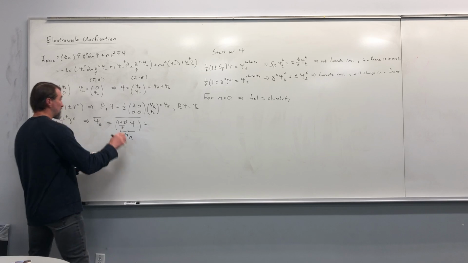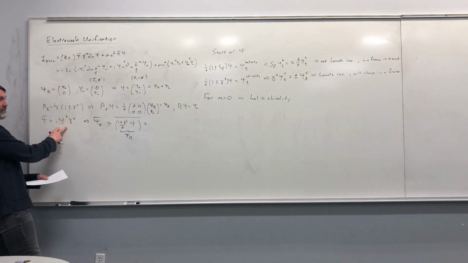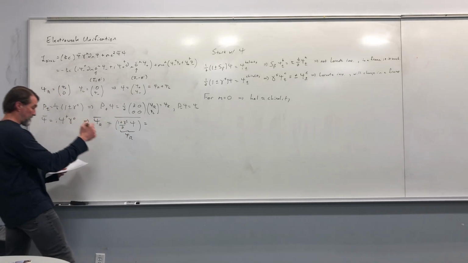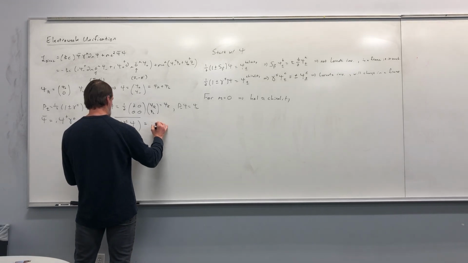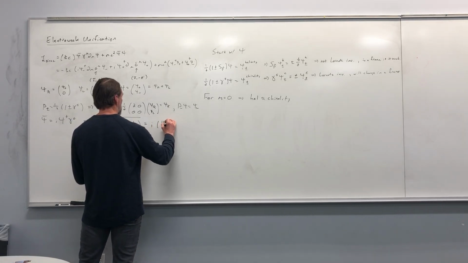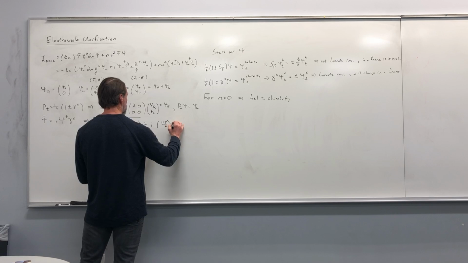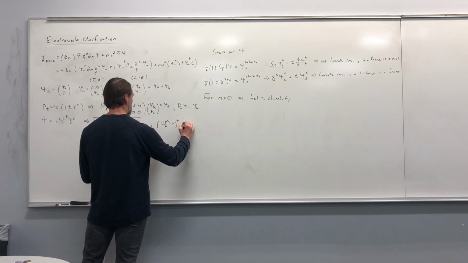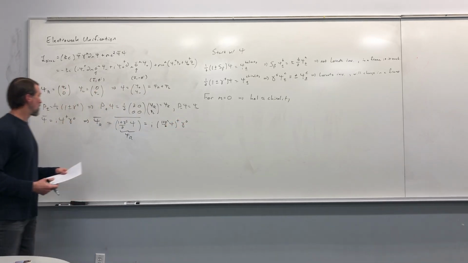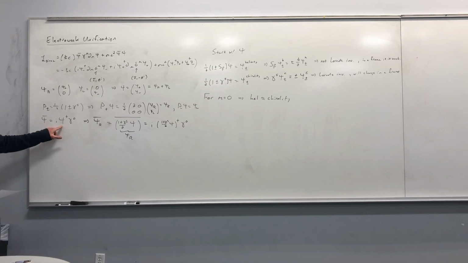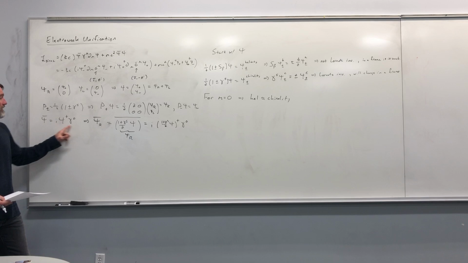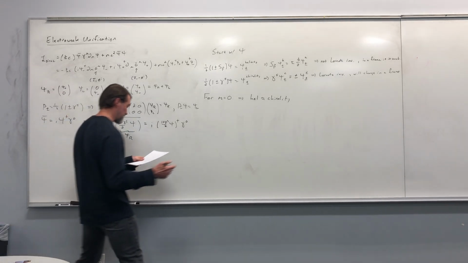Now we can bar this according to this prescription. So this is going to be i, 1 plus gamma 5 over 2 psi dagger gamma 0. Again, I just take everything in my psi expression, dagger it, and then tack on an i and a gamma 0.